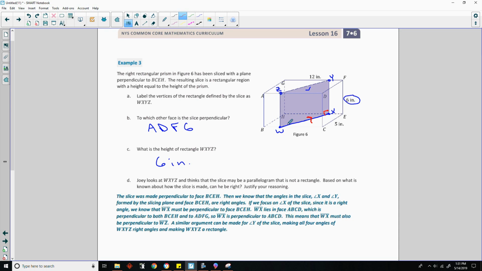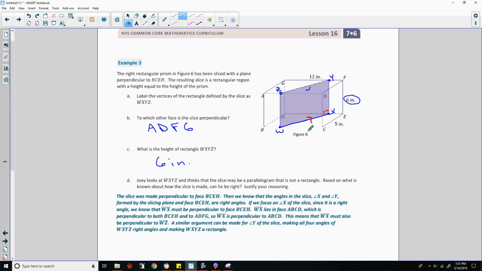Okay, so let me reread that. If we focus on angle X of the slice, it is a right angle. We know that WX must be perpendicular to face BCEH, the bottom. WX lies in face ABCD, which is perpendicular to both BCEH, the bottom, and ADFG, the top.